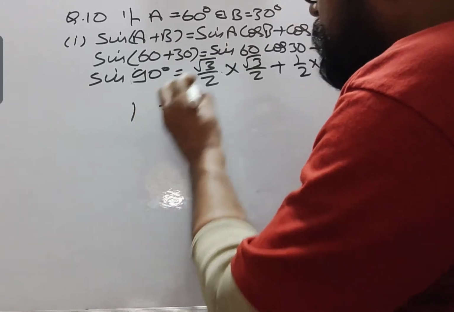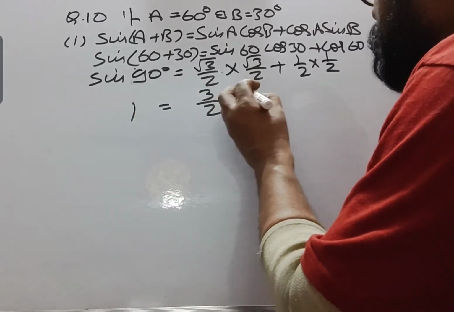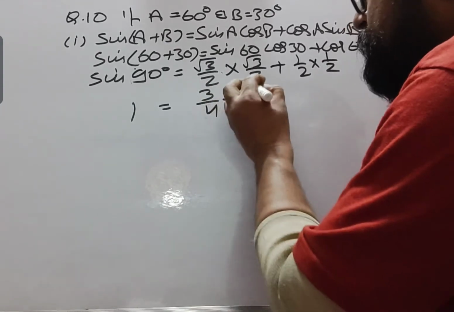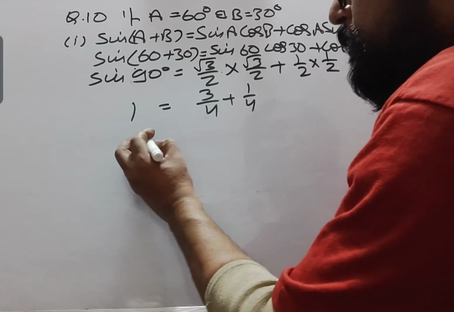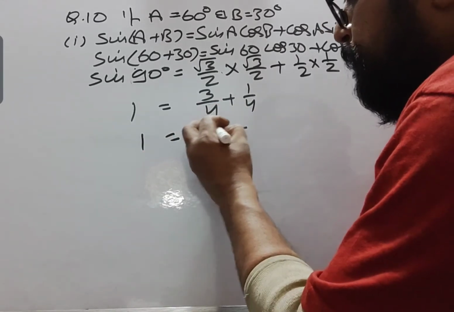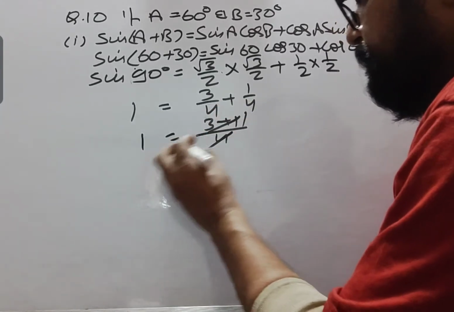Sin 90 is equal to 1, and root 3 into root 3 is 3, plus 1, upon 4. So 1 is equal to 4 upon 4, which is 1. So 1 is equal to 1.